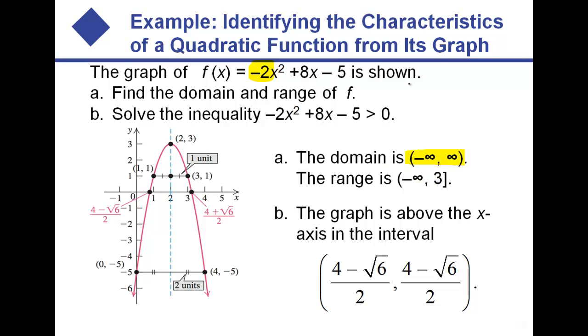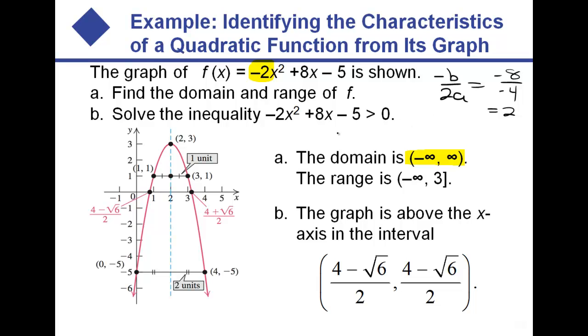So you can do the minus b over 2a trick here because it's not in standard form, which gives you negative 8 over 2 times negative 2, which is negative 4. That simplifies to 2. Then you have to plug 2 into this function to actually get the y coordinate.